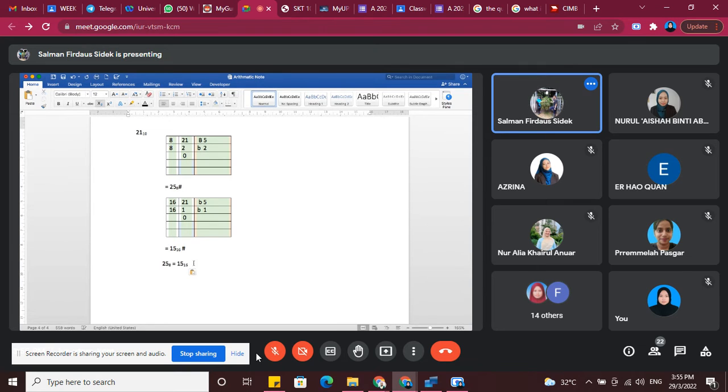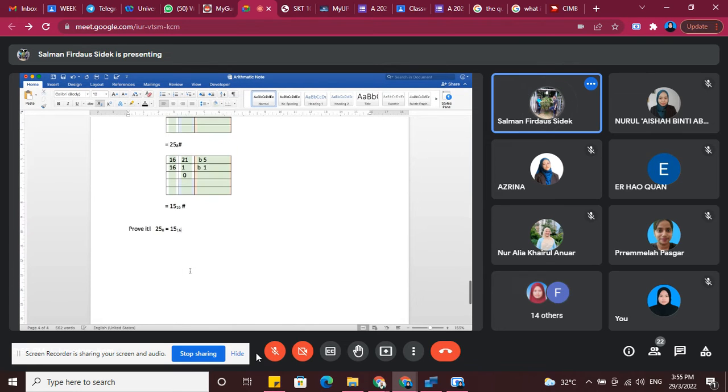Apa kita nak buat kalau kita nak buktikan ni? Prove it. How to prove both numbers are equal? Agak awak nak guna teknik apa?